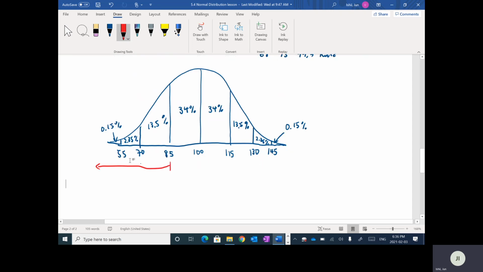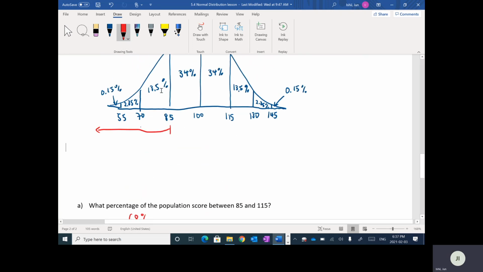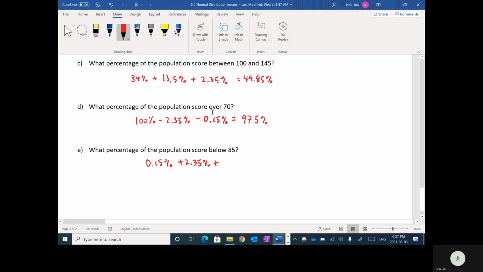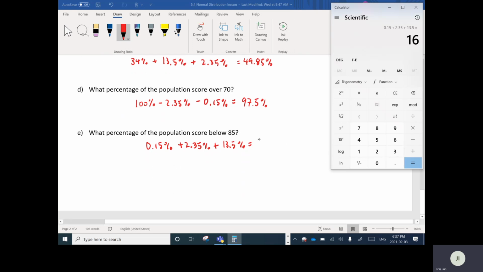So I'm going to add 0.15% plus 2.35% plus, what's this one? 13.5%. When we add those together, the total is 16%. Yep, so the answer there would be 16%.